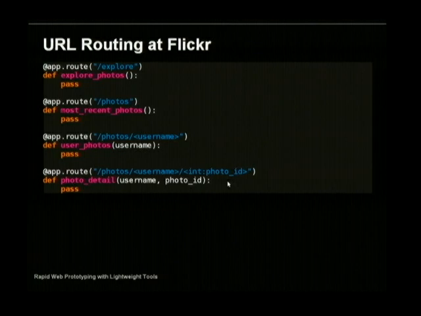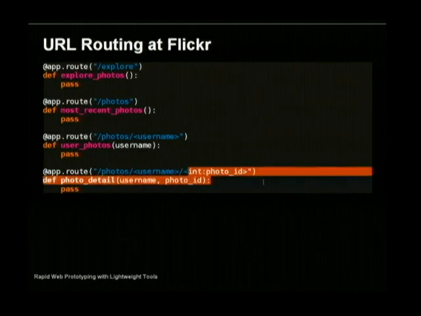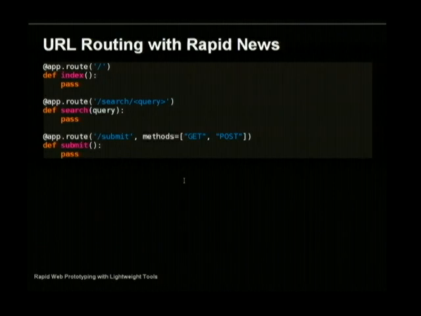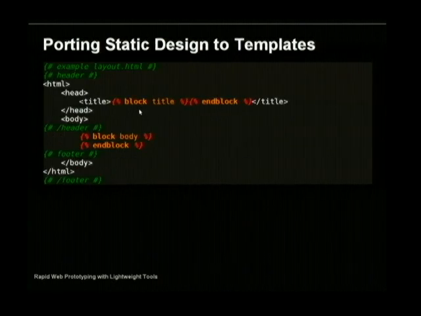So a user's individual photos are just at photos/username, but an individual photo is at photos, username, and then some integer ID. And so Flask lets you model this with this handy little validation syntax where you just say it's an int called photo ID, and it'll capture that for you and pass it all cleaned up into your function here. So this was kind of the way we modeled it for Rapid News.